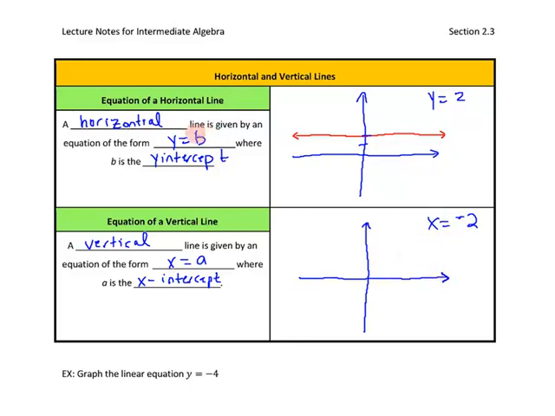You'll need to be able to tell the difference between y equals a number and x equals a number. Y equals a number has a graph of a horizontal line. X equals a number has a graph whose x-intercept is at that number, so at -2, but it's vertical. So it's this line right there.